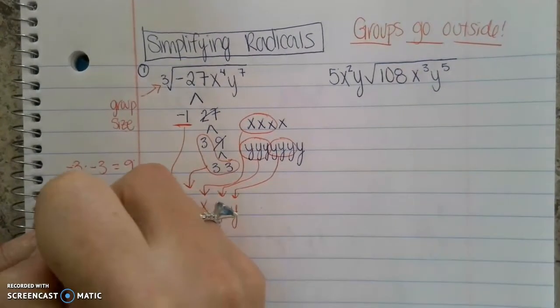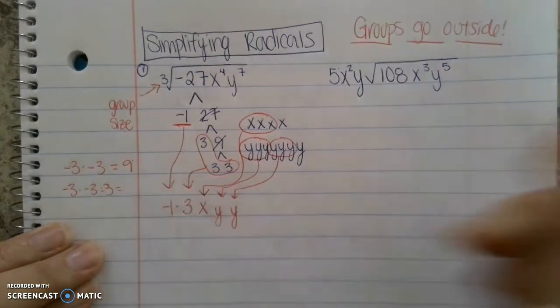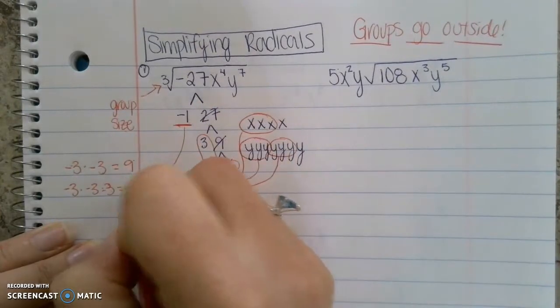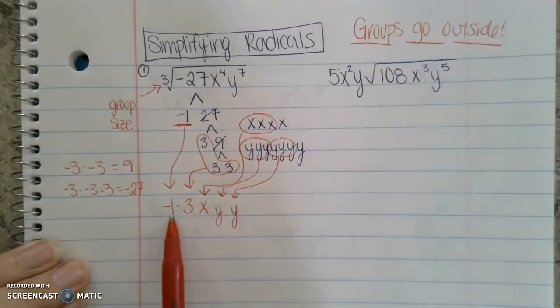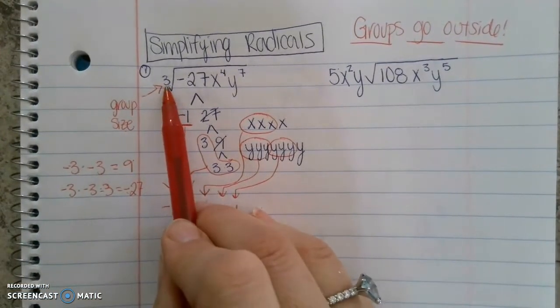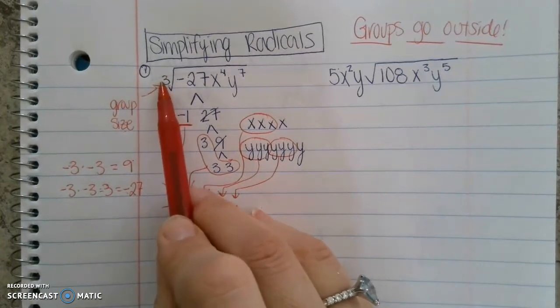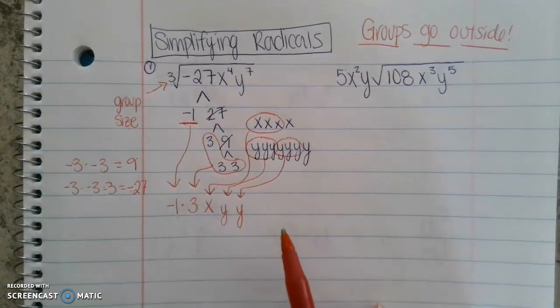But when I take a negative number and I multiply it an odd number of times, that will get me back to a negative number. So it's okay to have negative numbers come outside when we're dealing with an odd root, an odd number root. Okay, if it's an even number root, that -1 would go back underneath the radical.